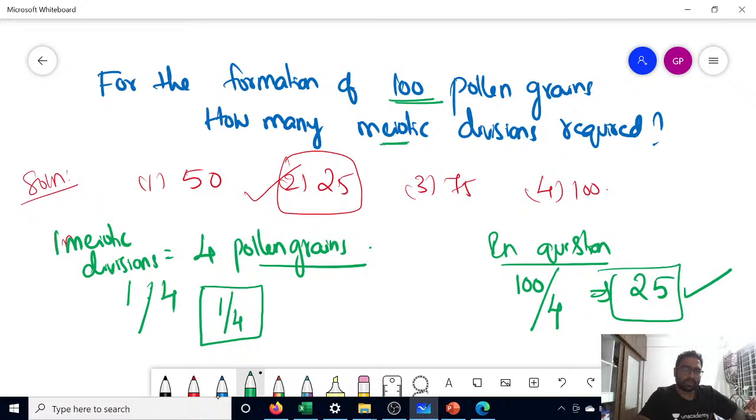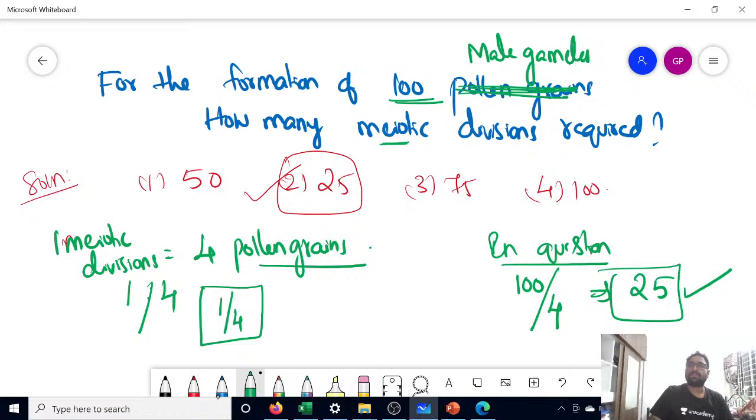So for 100 pollen grains, how many meiotic divisions are required? Can we convert for pollen grains instead of male gametes? Tell me here for male gametes. 4 pollen grains actually form 8 male gametes, right?